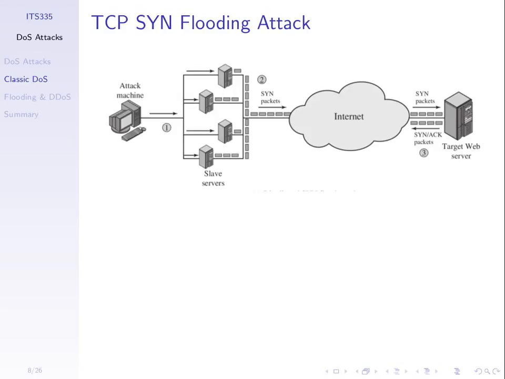The server allocates memory for each SYN packet request received and sends back a SYN ACK, and eventually, if there's enough slaves sending enough SYN segments per second, the server will become overloaded and the normal users will not be able to access.